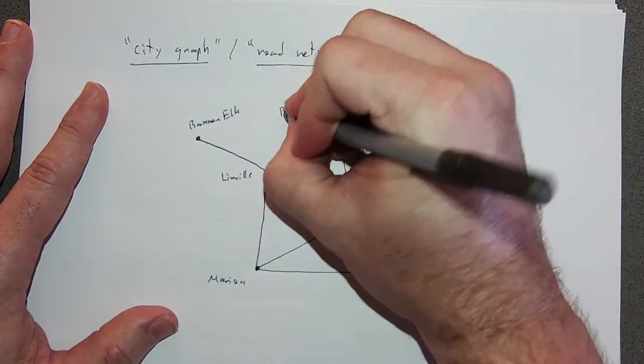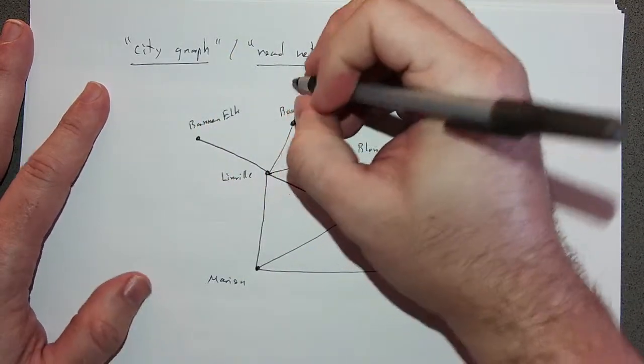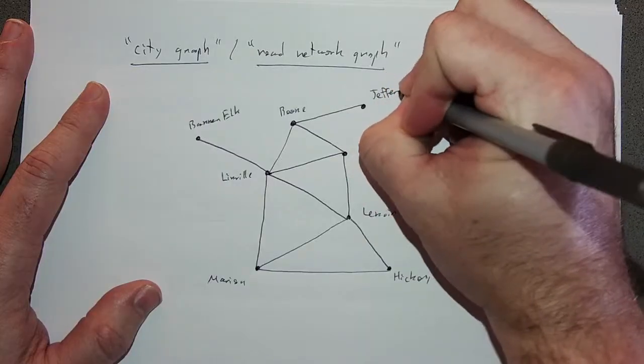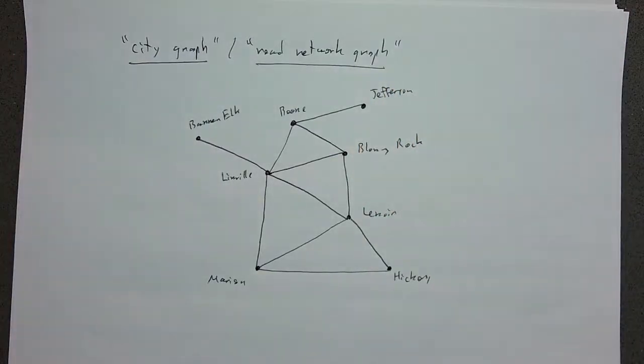Boone. And Jefferson. I think that's all of them. And anyway, a consultant was hired to essentially rate the difficulty of laying down track between any two of these cities.